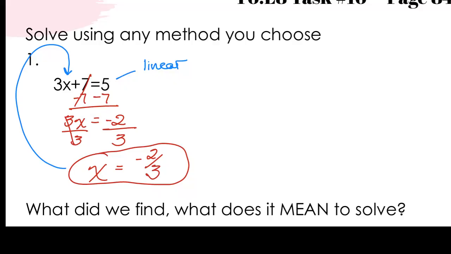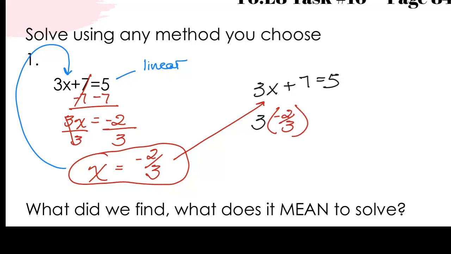Well, let's do that. So let's take 3x plus 7 equals 5, and let's substitute negative 2/3 in here. Let's see what happens. So 3, what's the operation between 3 and x? Yep, we are multiplying. So 3 times negative 2/3 plus 7 equals 5.